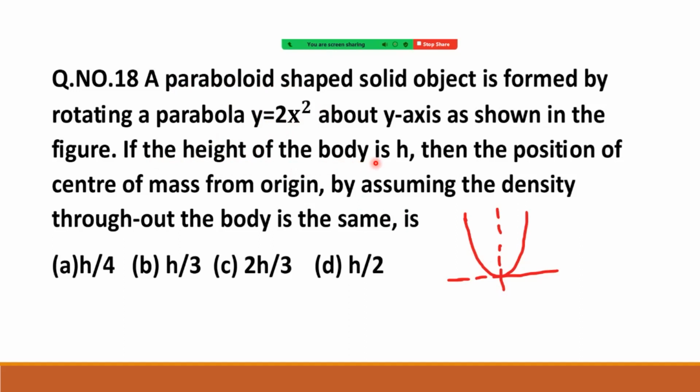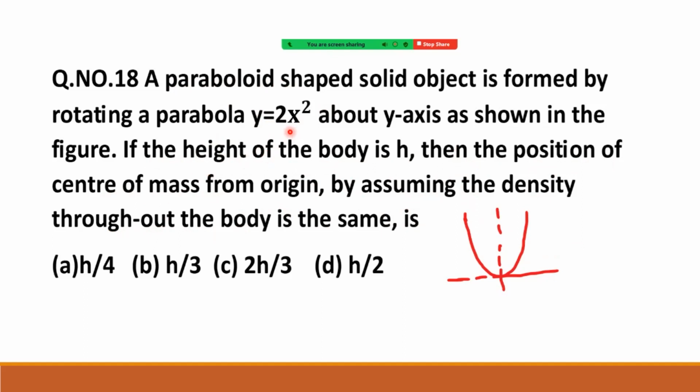If the height of the body is h, it means from here up to here, this is h. Then find the position of center of mass from origin, assuming the density of the body is the same throughout.